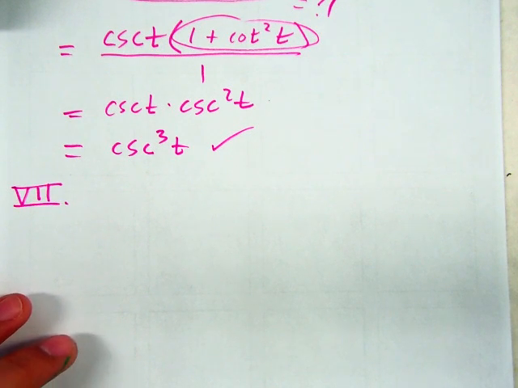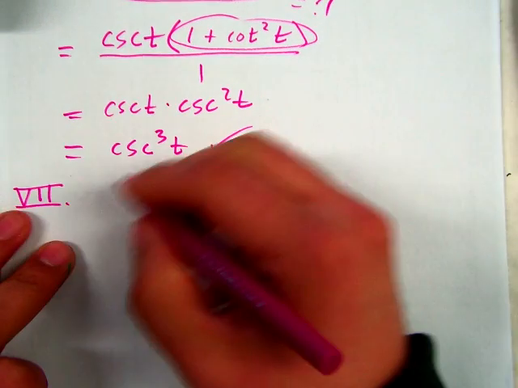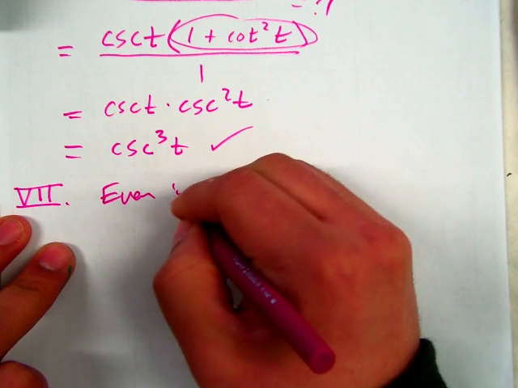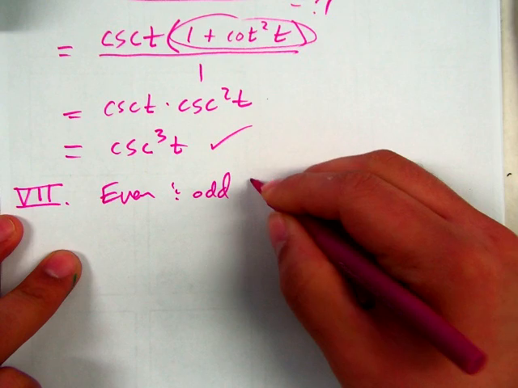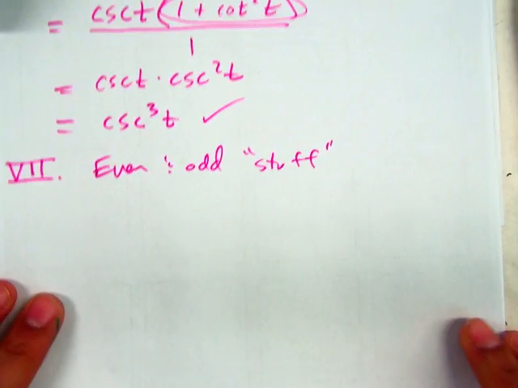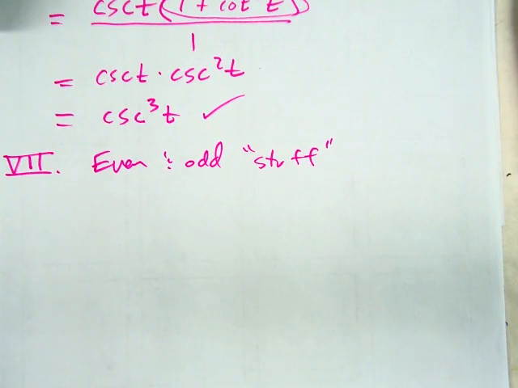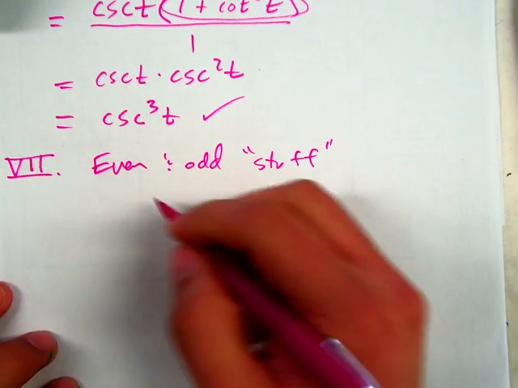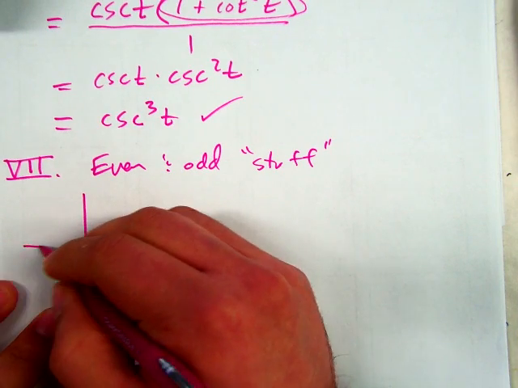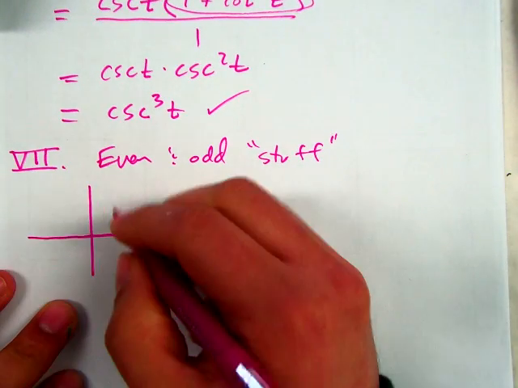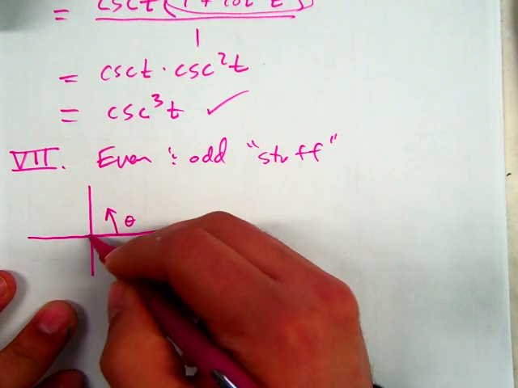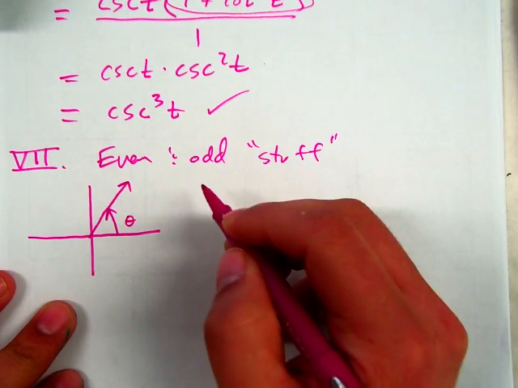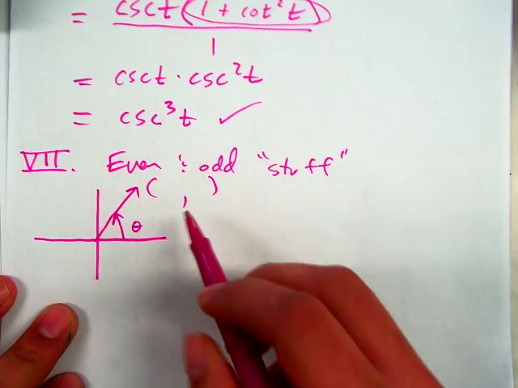What did I call this? Ah, yes. Even and odd stuff. Let's just start with this. Let's say I have an angle. We'll call it theta. What are the coordinates?